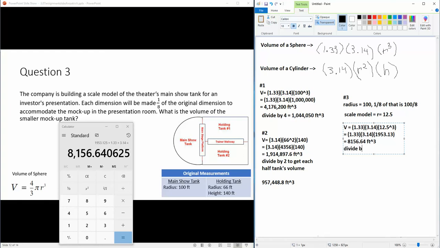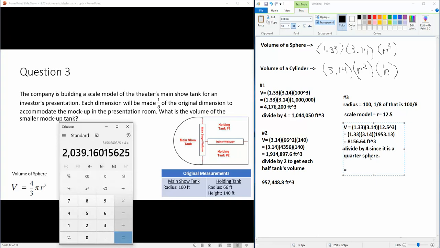So we have to divide by 4 since it is a quarter sphere. And if we divide by 4, the scale model's volume is 2,039.16. I'm going to round to 2 decimal places. And remember again, it's cubic feet.